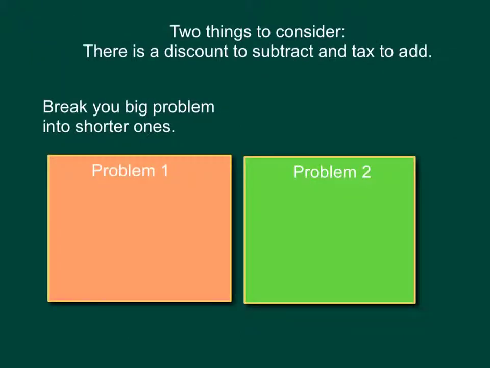Now, I don't know about you, but that seemed like a really, really big problem. So when you encounter problems like that, where you have a sale price and a tax amount, you want to break that kind of larger problem into two shorter ones. So the first problem is to find the sale price by applying the discount.